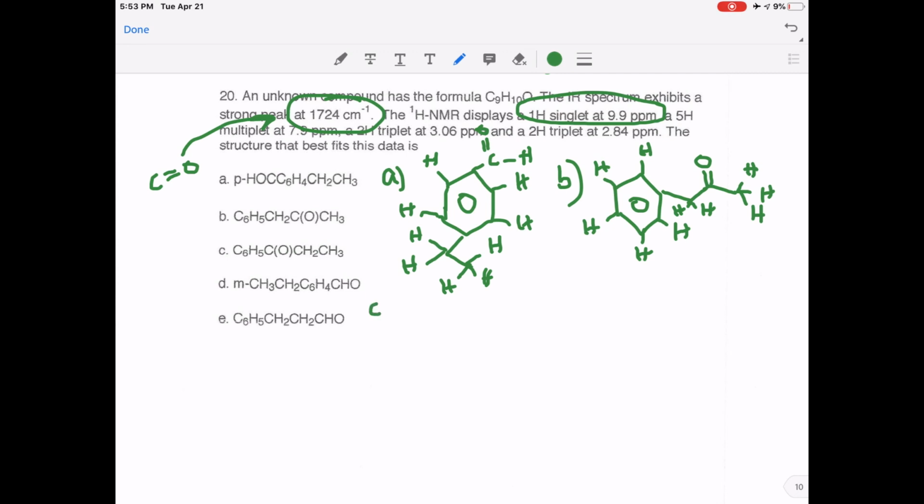For C, these are all going to be aromatic rings, but their substituents vary.